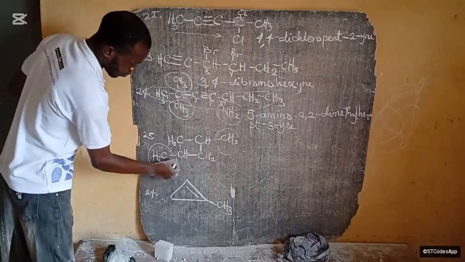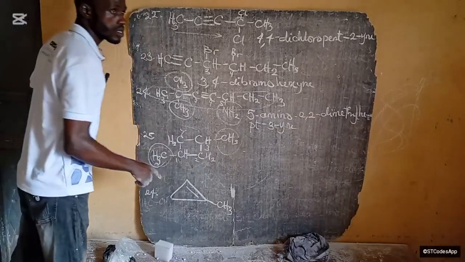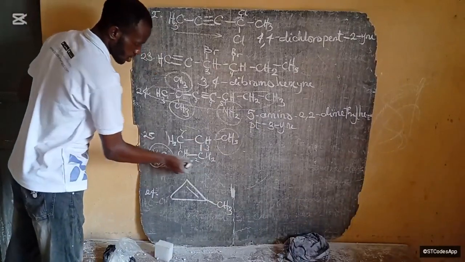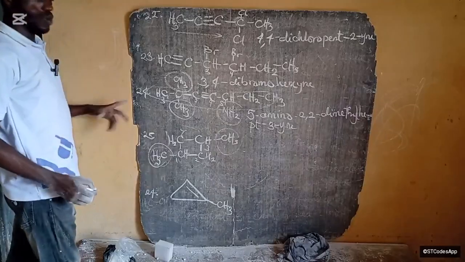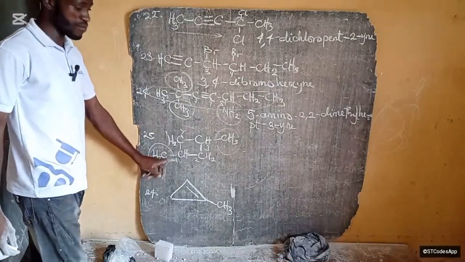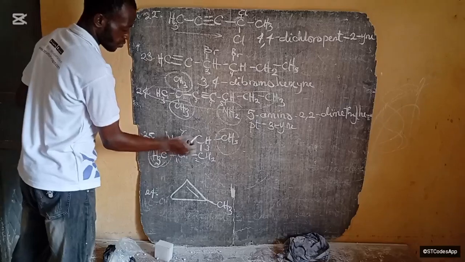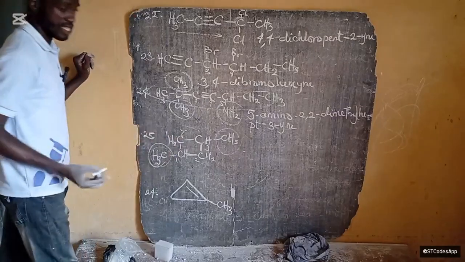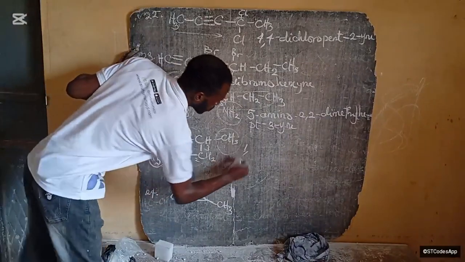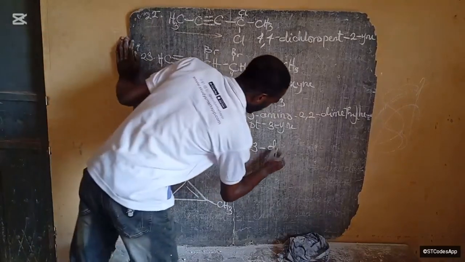If you go like this, 1, 2, 3, 4, it gives the substituents 1 and 3. If you go like this, 1, 2, 3, 4, it gives them 2 and 4. So the best way is to number from the carbon that is substituted. If you come from here, 1, 2, 3, the same 1, 3. Is that okay? So the name will be 1,3 dimethyl.